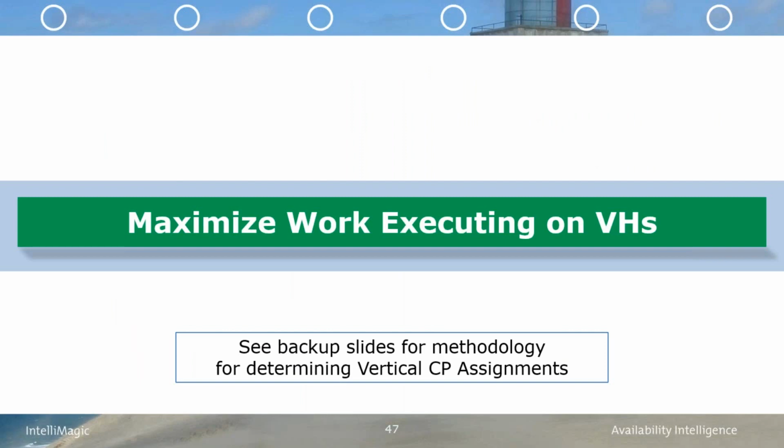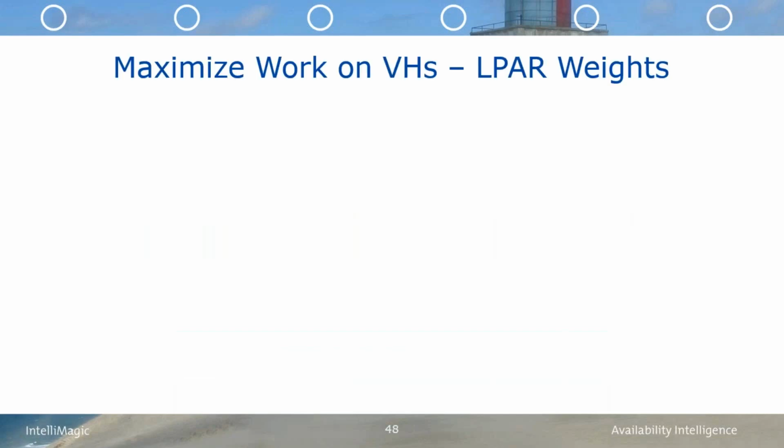So if we want to optimize vertical CP assignments and maximize the amount of work executing on vertical highs, there are two variables that come into play in how vertical highs are assigned: LPAR weights and the number of physical CPs. So let's consider each of these in detail. If you're not familiar with how Prism assigns logical CPs as vertical highs, mediums, and lows, it's covered in the backup slides from the webinar.